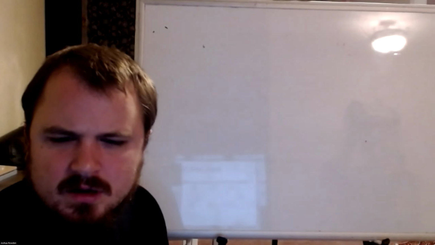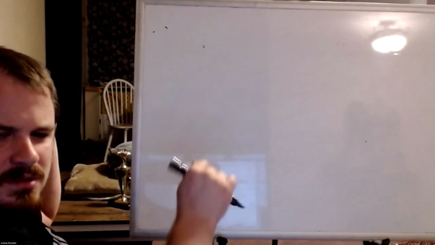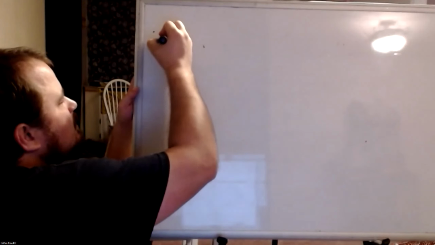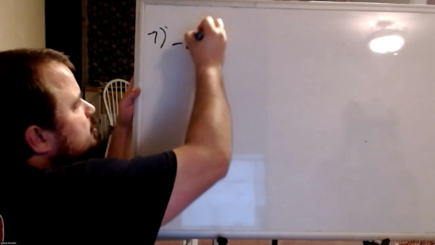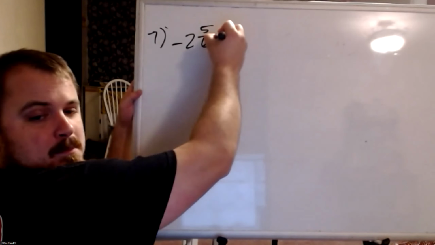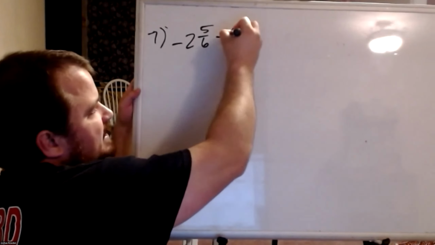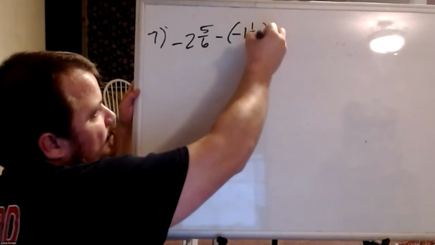Okay, number 7. I think this is probably the hardest one on here. Negative 2 and 5/6 minus negative 1 and 1/4.